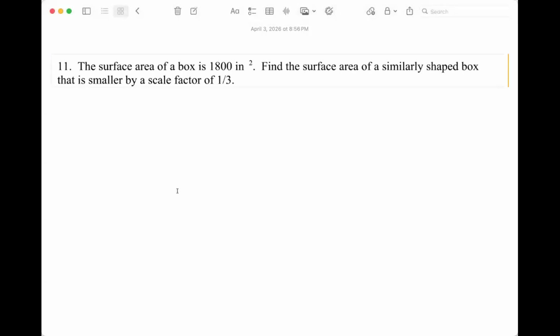Try this one for me. Let me know if you think it's hard.